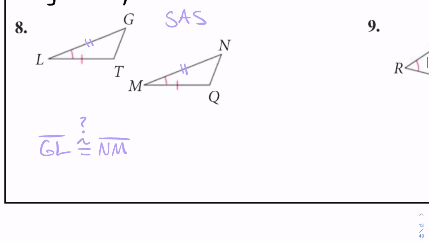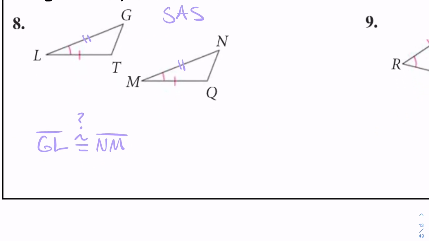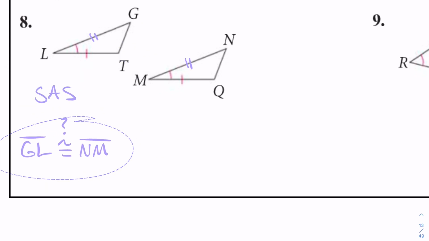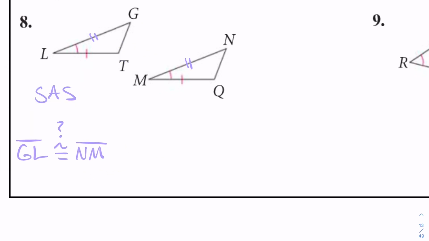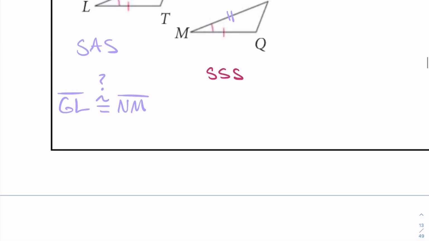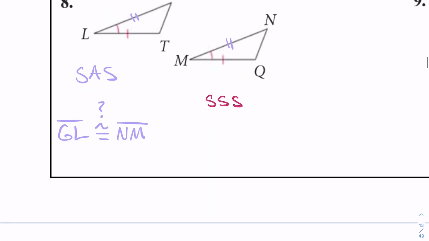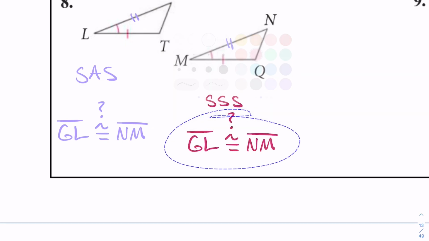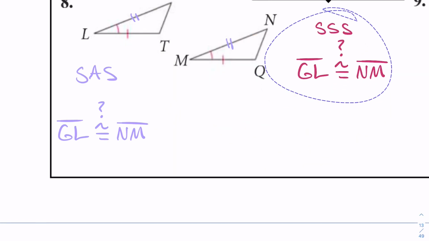What about by side, side, side? I don't really know if this question's asking for both, but we can do both. We might as well. What about by side, side, side? Well, I would need this part, and I would also need that part.